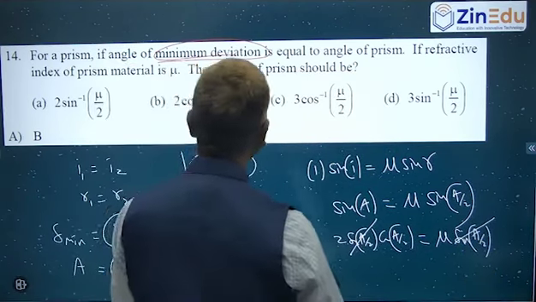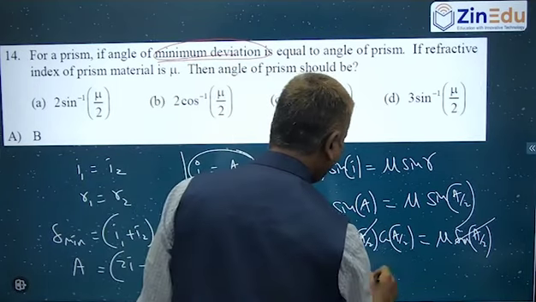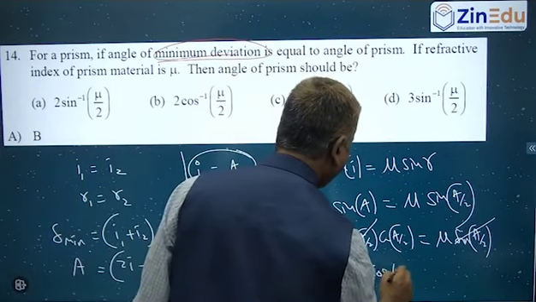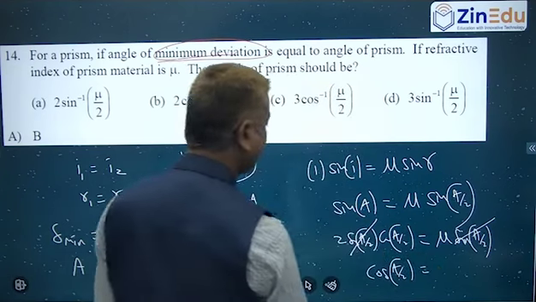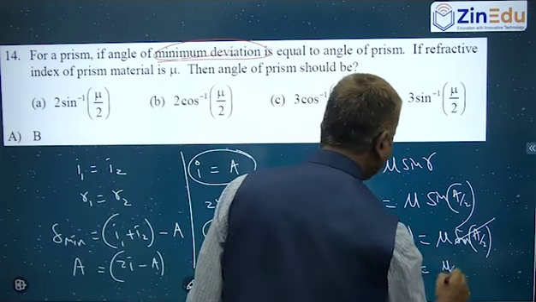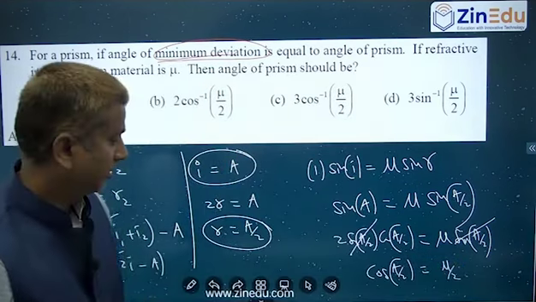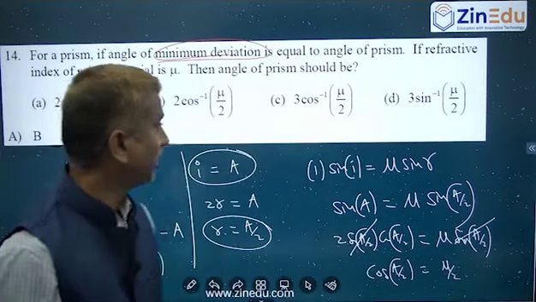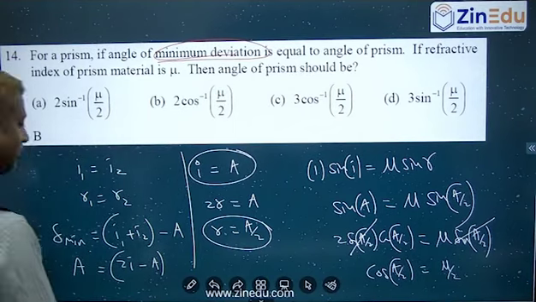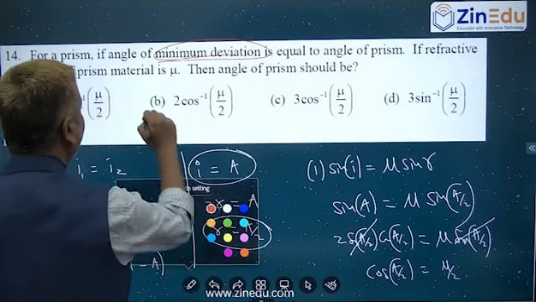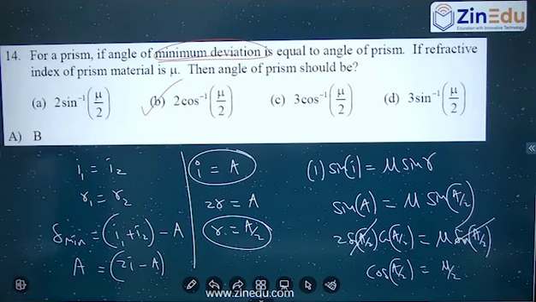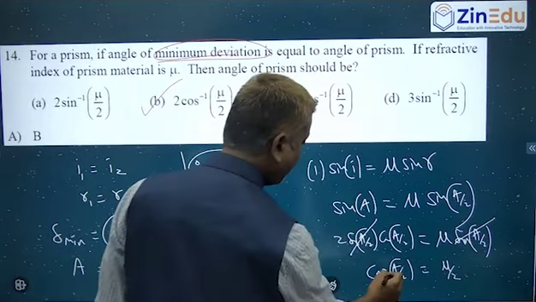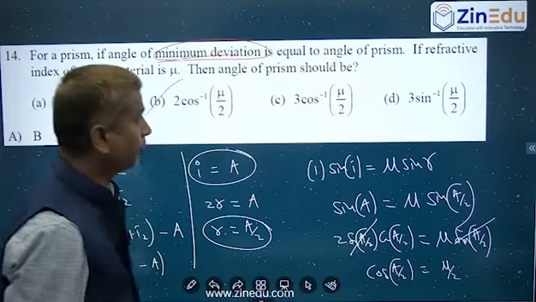They are asking us to find the angle of prism, so cos A by 2 is mu by 2. Then A by 2 is equal to cos inverse mu by 2. So A is equal to 2 cos inverse of mu by 2. So 2 cos inverse of mu by 2 will be your answer.